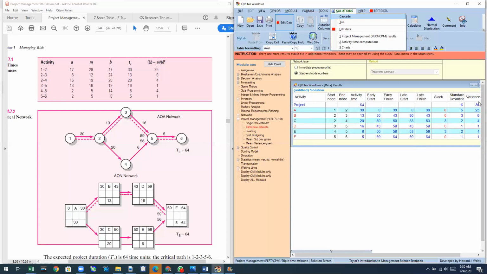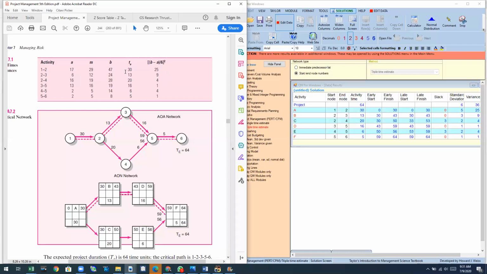So the variance is 36. Square root of variance is standard deviation. So square root of 36 is 6. The standard deviation for the project is 6. Okay. So we have calculated that.